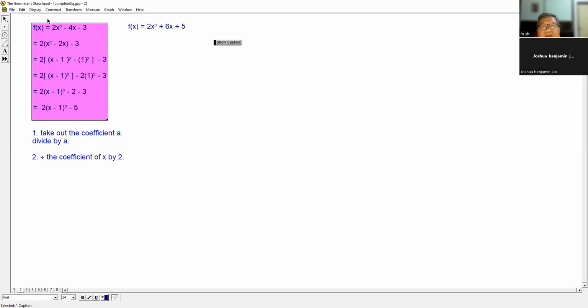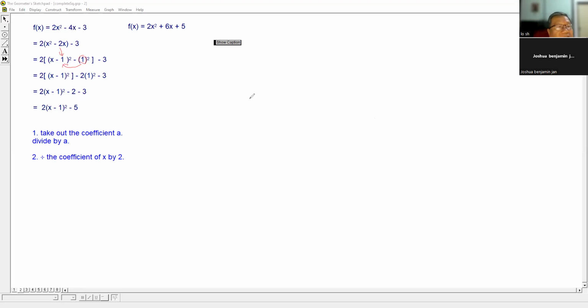Let me use a different color. Okay, here, this one divided by 2 becomes negative 1. Then how to get this? This number 1 here comes from here.